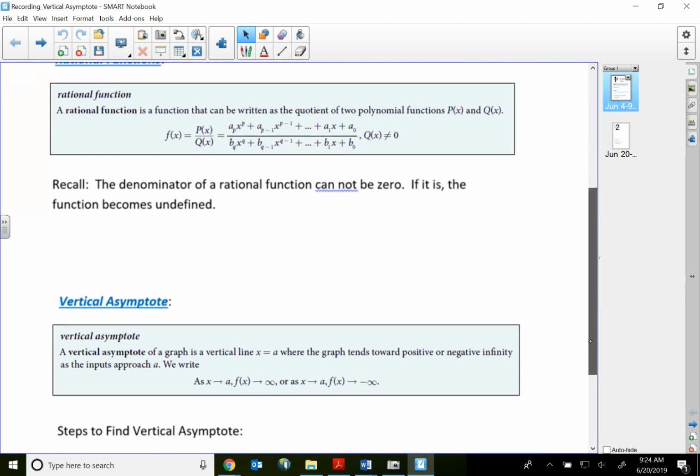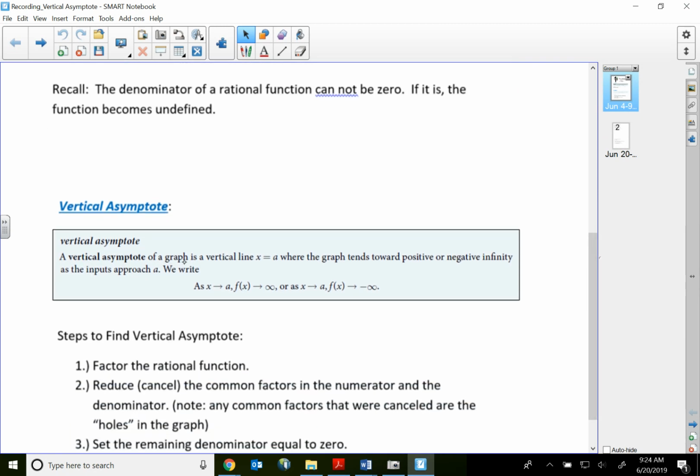So this thing called the vertical asymptote is simply referring to a vertical line x equal to a number, where the graph tends towards positive or negative infinity as the input approaches that vertical asymptote.